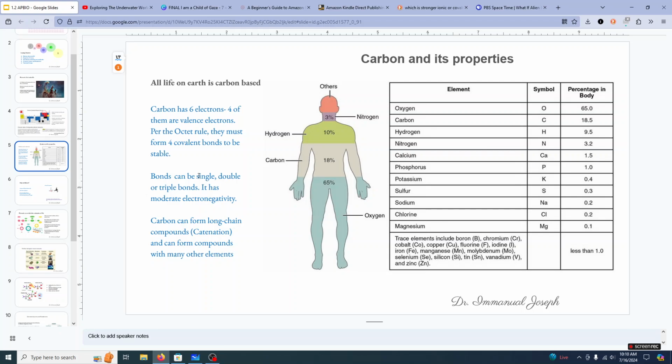And the bonds that can form, there can be 4 single pairs of electrons being shared, or there can be double bonds, meaning that 2 pairs of electrons can be shared with another element, or it can be triple bonds with 3 pairs of electrons shared with another element, and so on. So that again gives a whole lot of variability in how you can form complex structures.